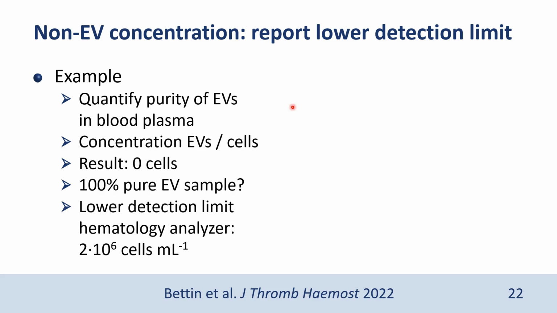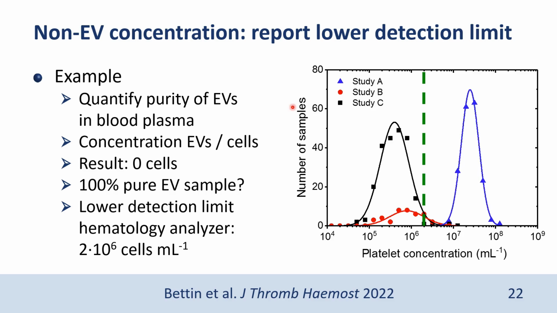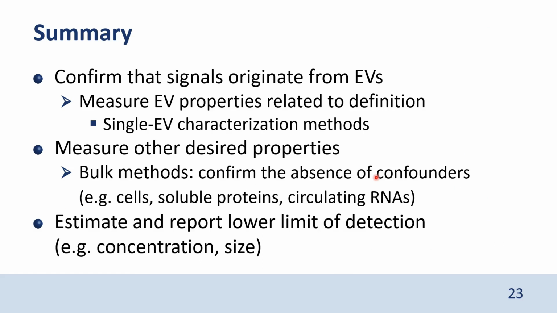However, if you had carefully read the instruction manual of your hematology analyzer, the detection limit is 2 million cells per milliliter, and we now know that yes, it makes sense that the hematology analyzer provides 0 counts, 0 concentration. But everything below the detection limit was missed. So for sure you did not have a 100% pure EV sample with respect to cells.